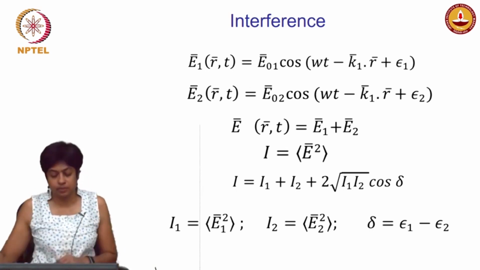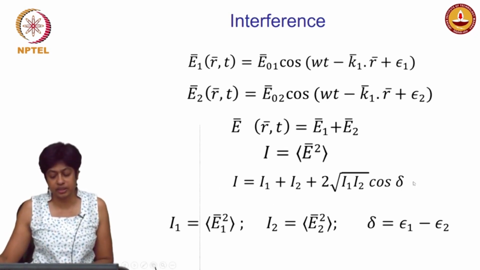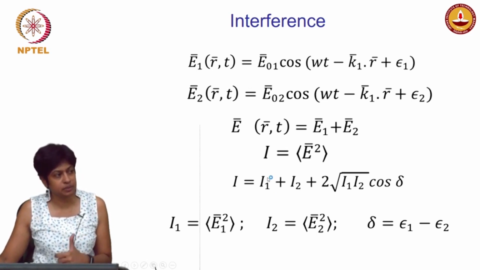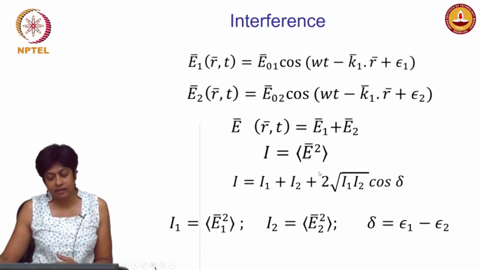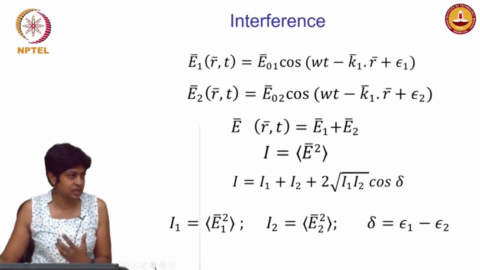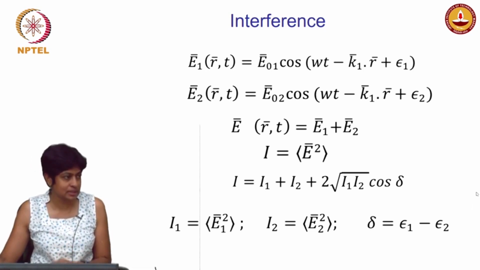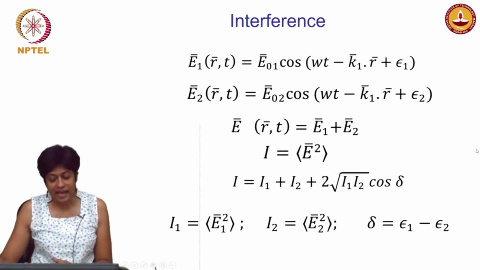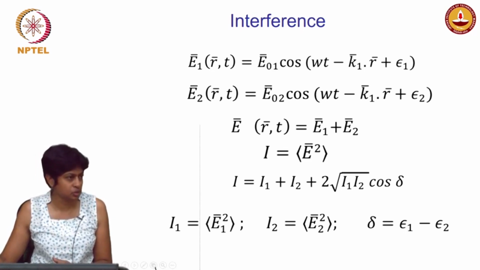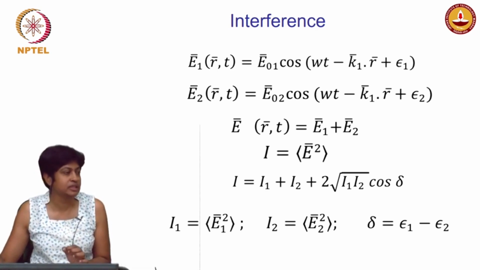And the expression we had was this expression here, where I1 was the intensity of one of the beams that was being interfered, I2 was the intensity of the second beam, and the third term, and that's the interesting term, which is also a function of both these intensities, but more importantly has a phase factor to it, and that phase is a function of the phase difference between the two beams that are participating in this interference.